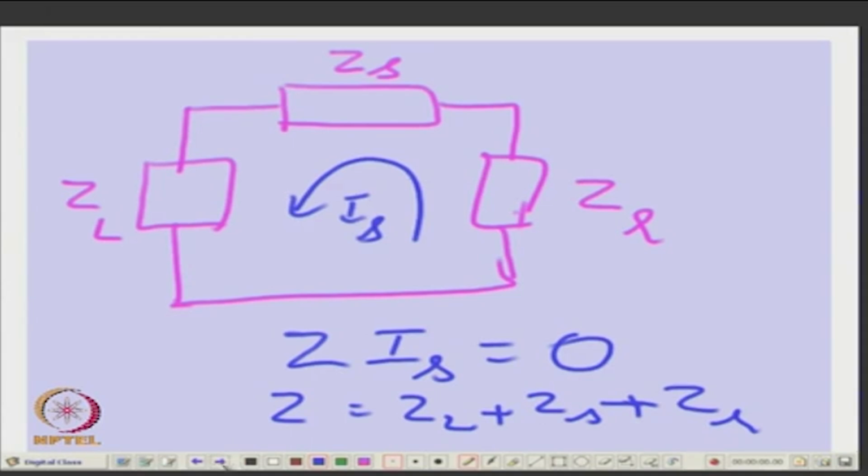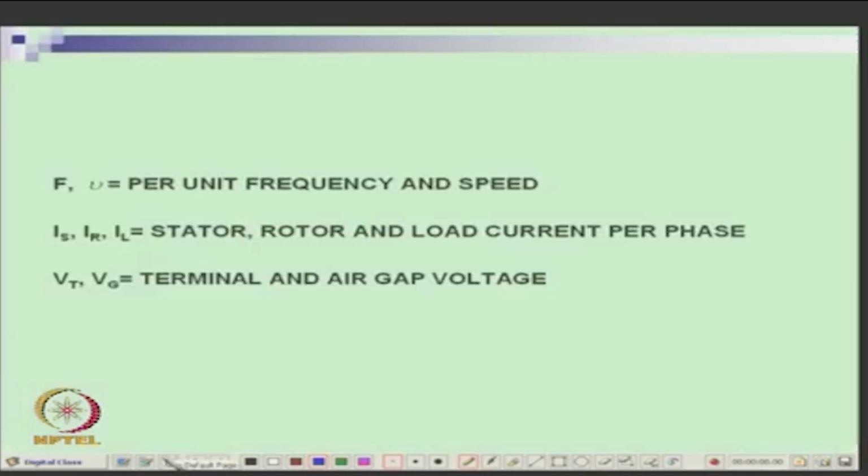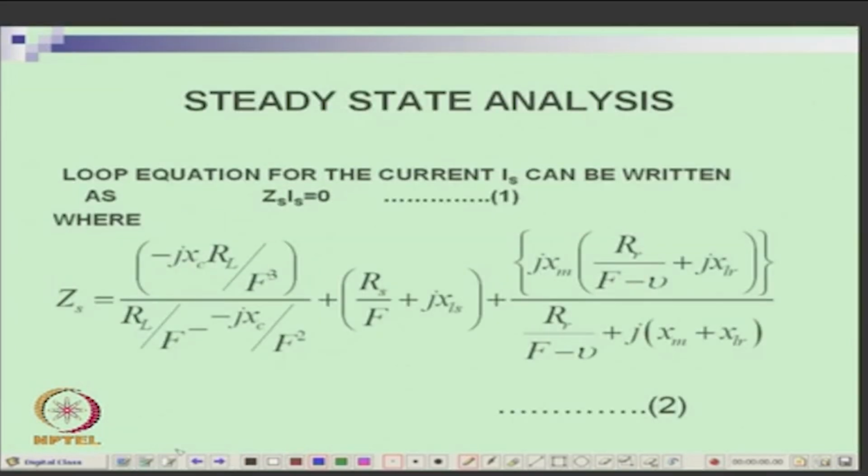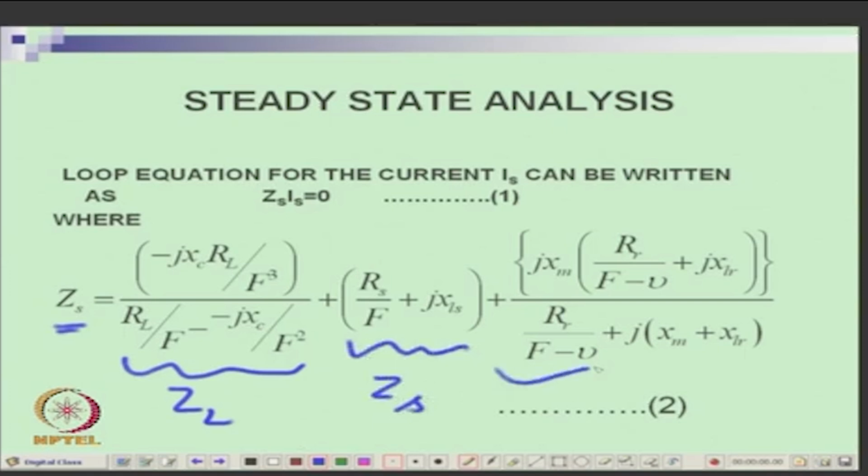Now, these are all the parameters which we have already seen, F nu, Vt, Vg are the terminal voltages, okay. And this Z will be the load impedance ZL, which has a capacitor, a parallel combination of capacitor, the stator impedance Zs, and rotor impedance Zr, right.